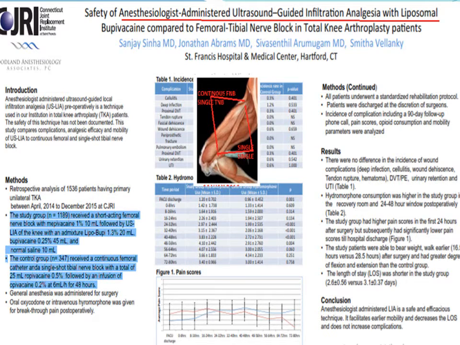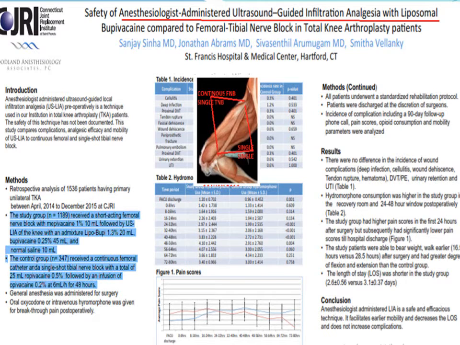The first group, the control group, received a continuous femoral nerve block with a single shot tibial nerve block, while the study group received a single injection femoral nerve block and an IPACK block, single injection. The study group recruited 1189 patients. It is a retrospective study.